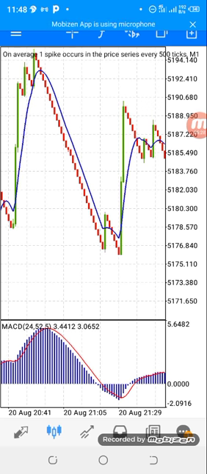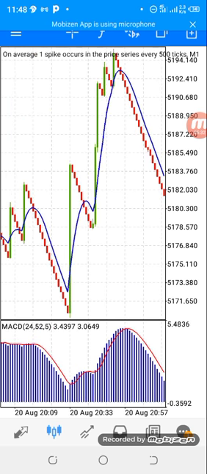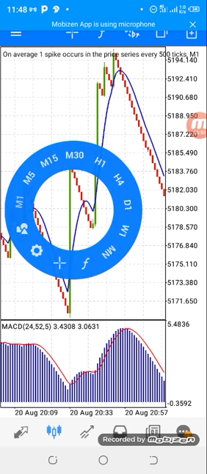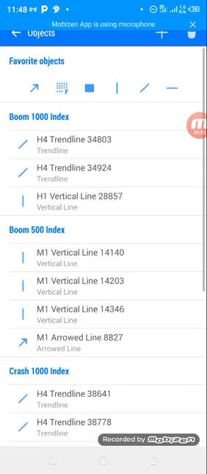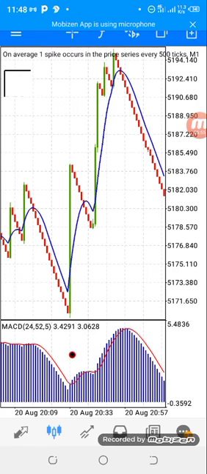Boom 500, boom 1000. But if your MACD bars are below the red signal line, you are trading crash 500, crash 1000. Specifically, you are trading sell signals. Now let me quickly point out something so that you can understand it very well.